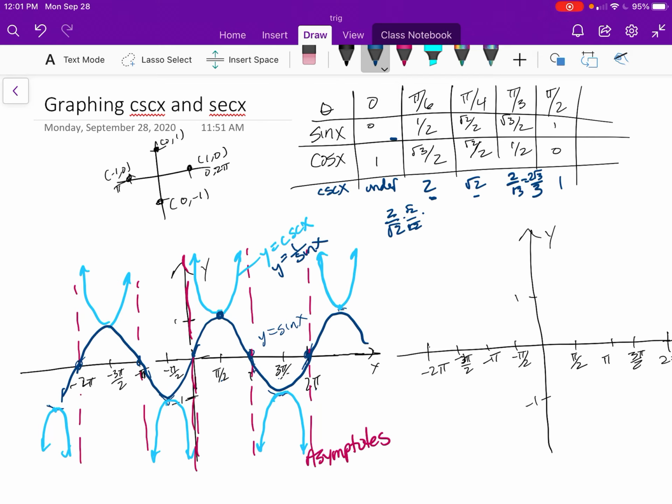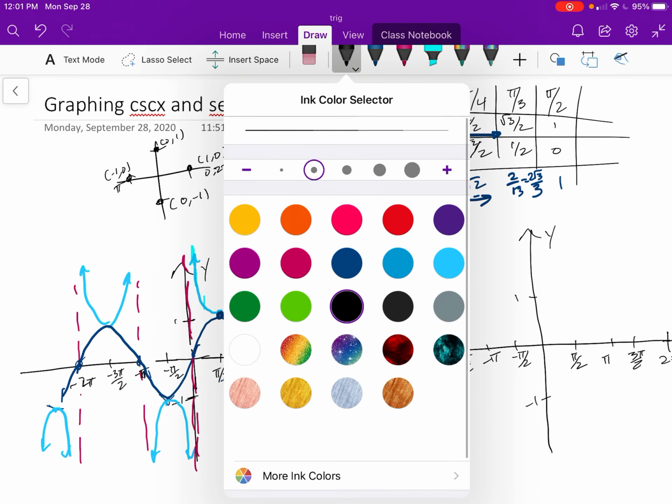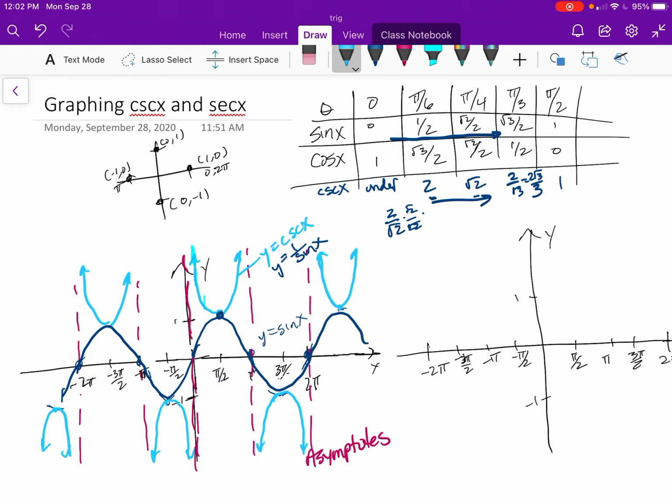Remember, sine got larger and larger till we hit 1, so if I do the reciprocal, they're going smaller and smaller. So what does that mean? Well, these values, as we're going to this value pi over 2, are getting smaller and smaller until we hit 1.